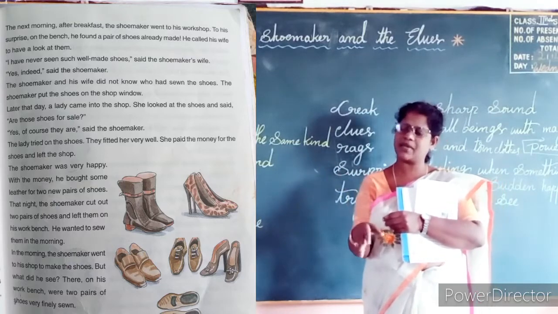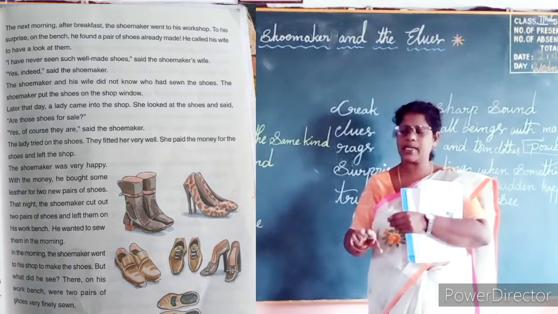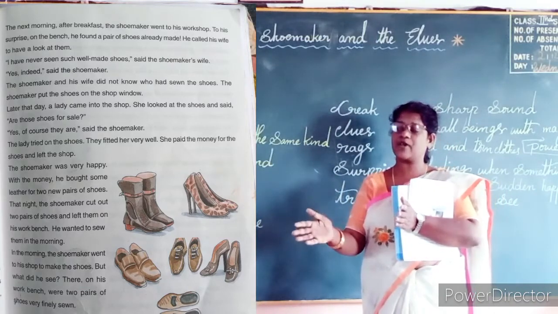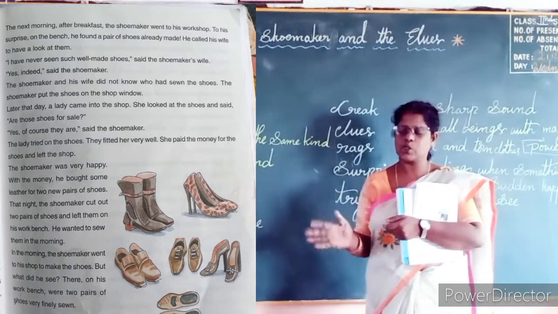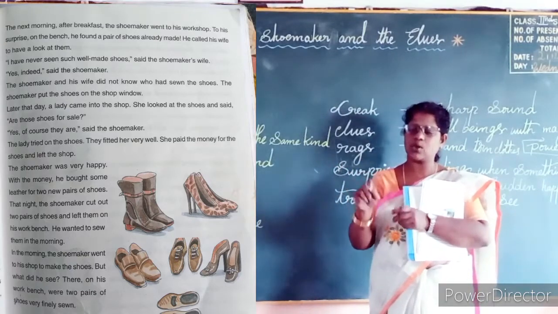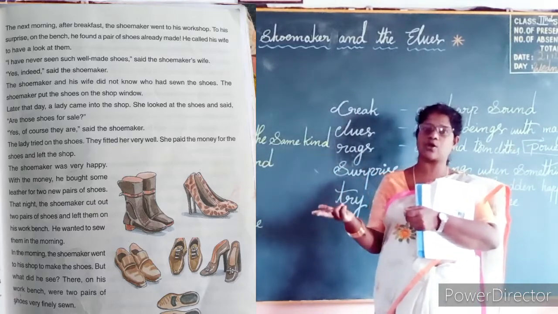He thought that he could make it the next day morning. Again in the next day morning, that remaining piece of leather had been made into very fine shoes. That leather was sewn into shoes, 2 pairs in all.